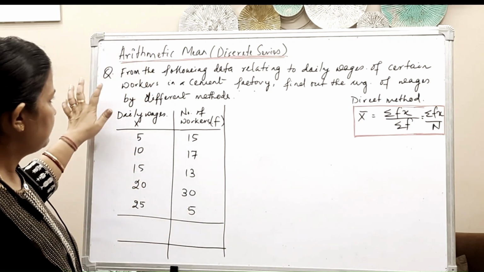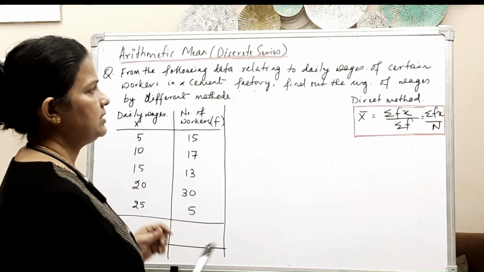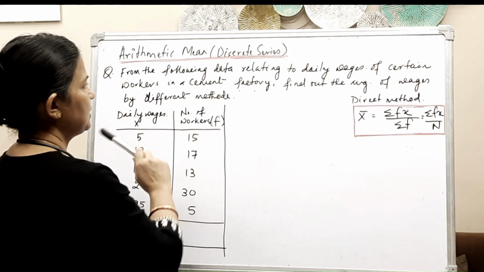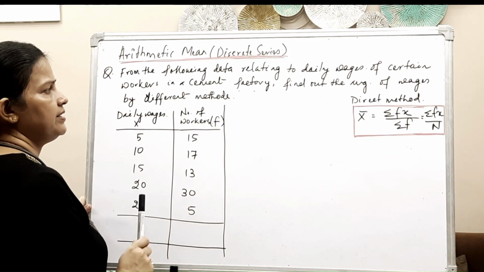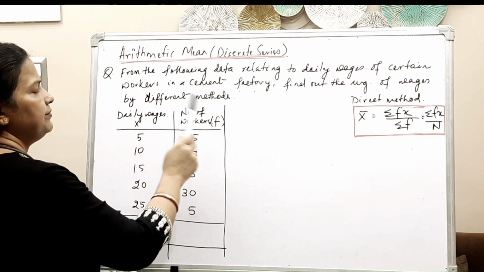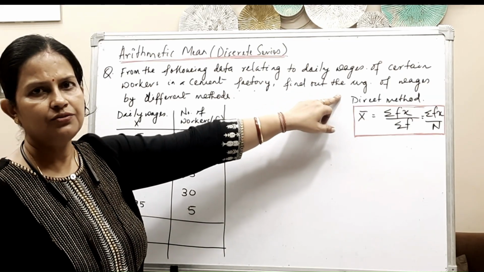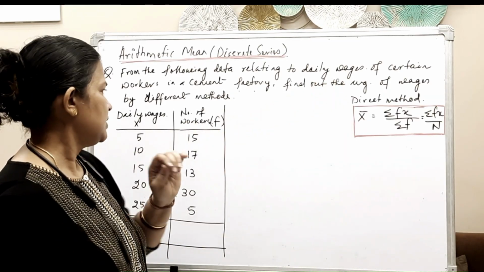I have taken one question here: from the following data relating to daily wages of certain workers in a cement factory, find out the average of wages by different methods.